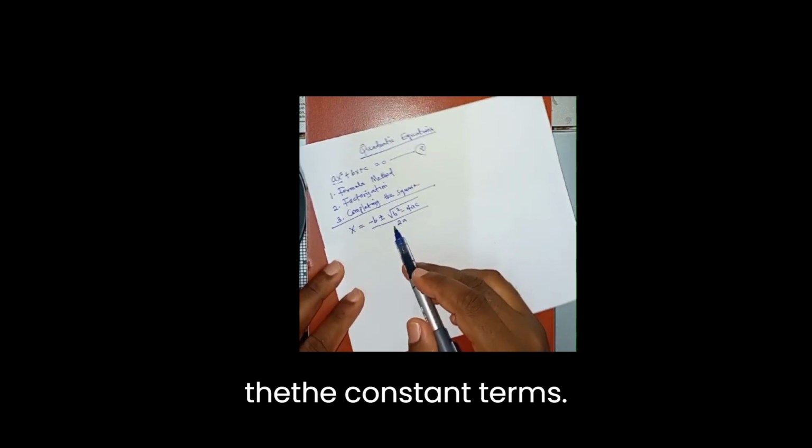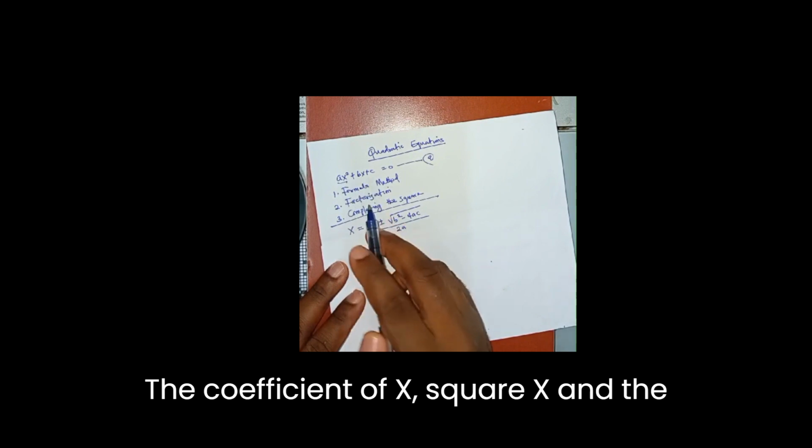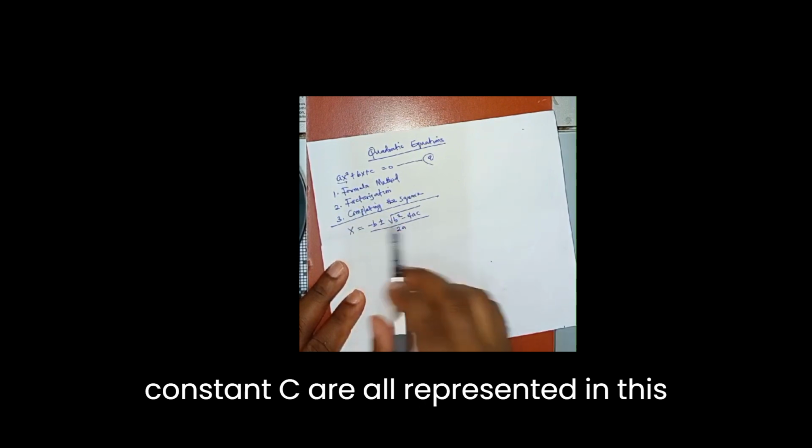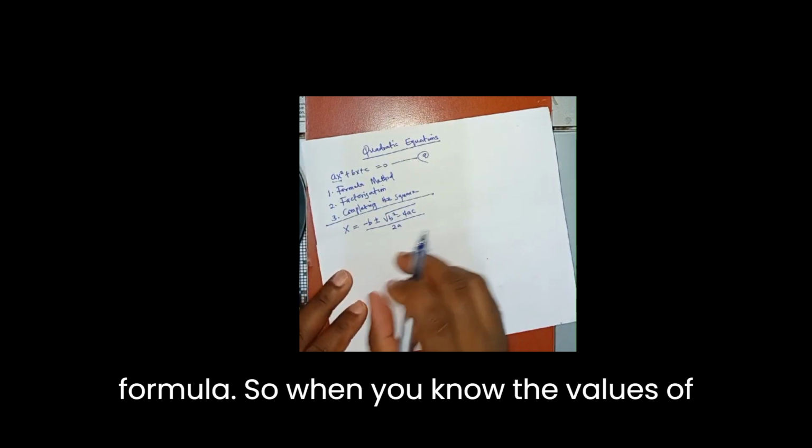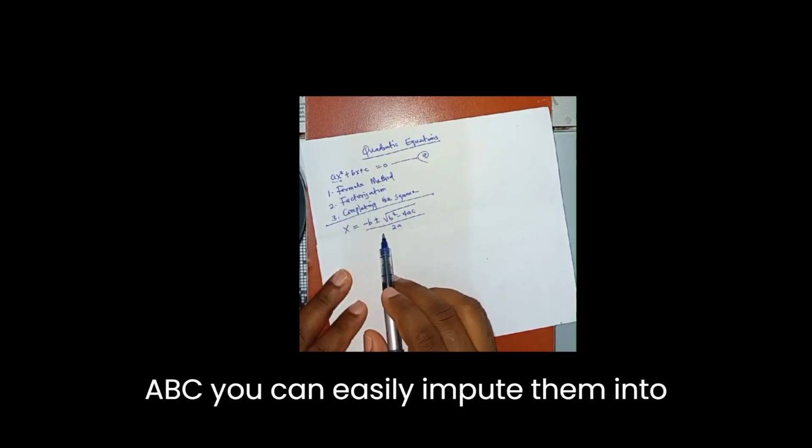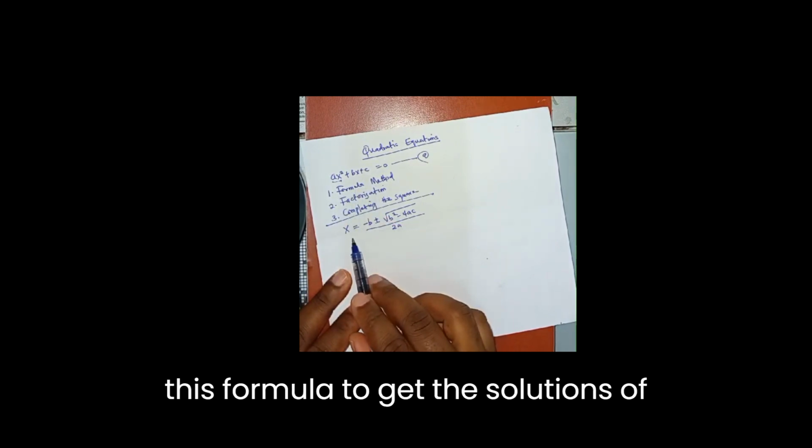You can see that every one of the constant terms, the coefficient of x squared, x, and the constant term c, are all represented in this formula. So when you know the values of a, b, c, you can easily input them into this formula to get the solutions of the equation.